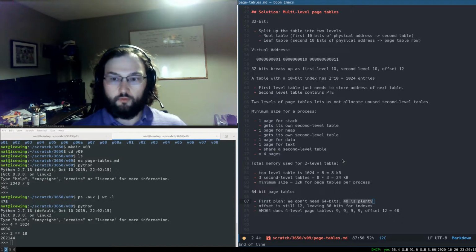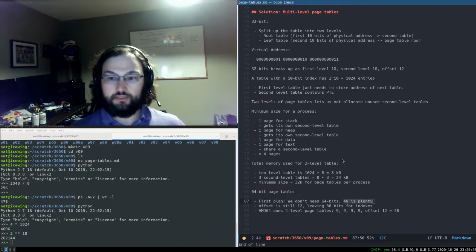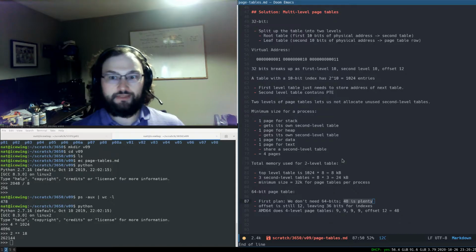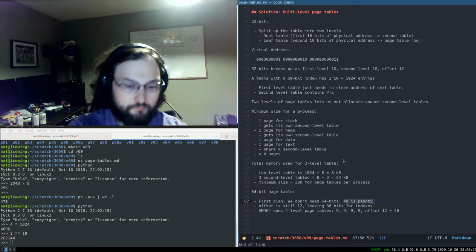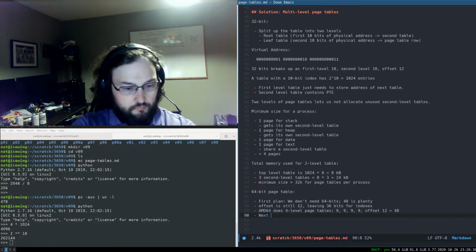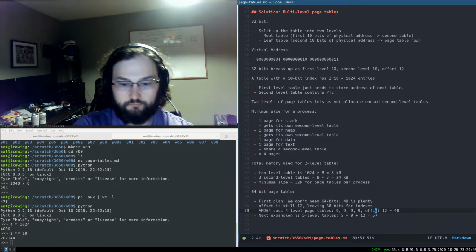And further, that when Intel started shipping servers that needed more physical address space than that, they didn't go to a 64-bit physical address, they went to a 57-bit physical address. And now we can see why 57 is the number that they came up with. So 5 times 9 plus 12 is 57.